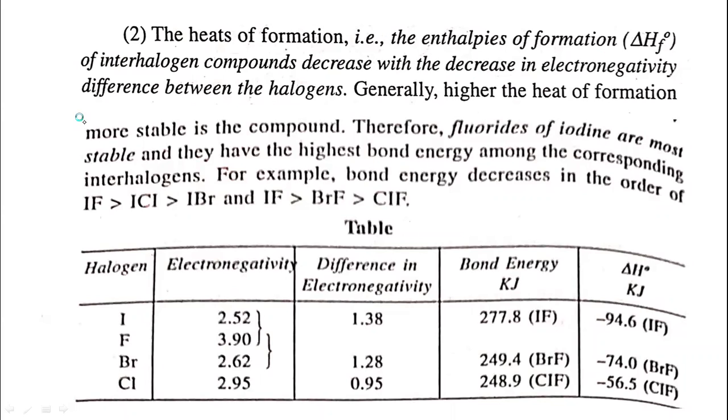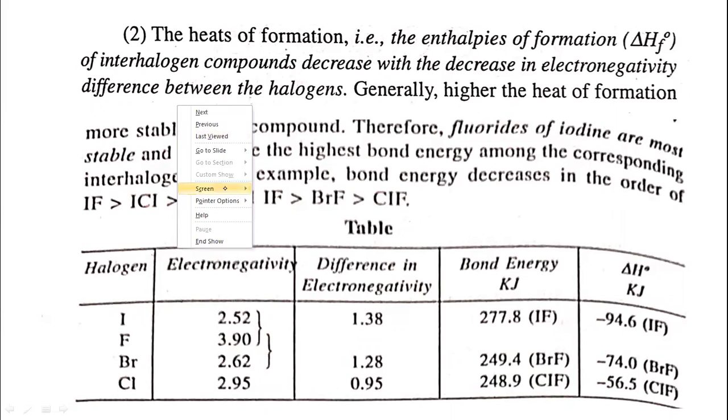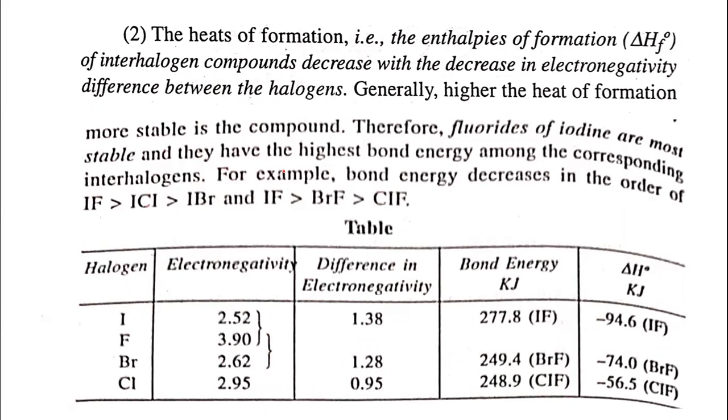As the heat of formation of the interhalogen compounds decreases, the bond strength also decreases. So the heat of formation of interhalogen compounds decreases with decrease in electronegativity difference.